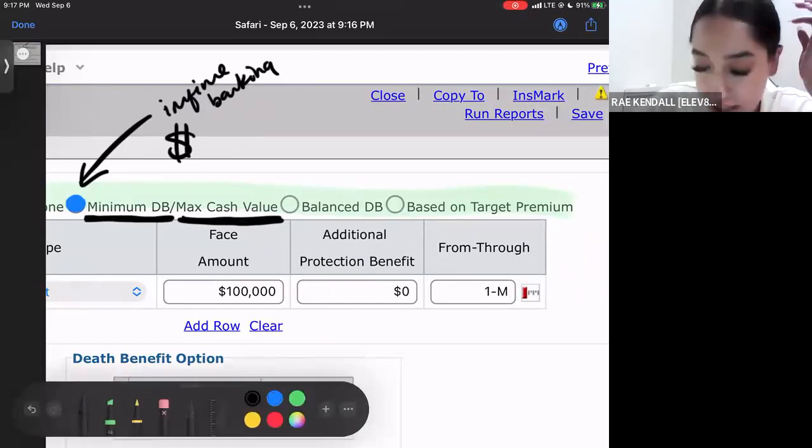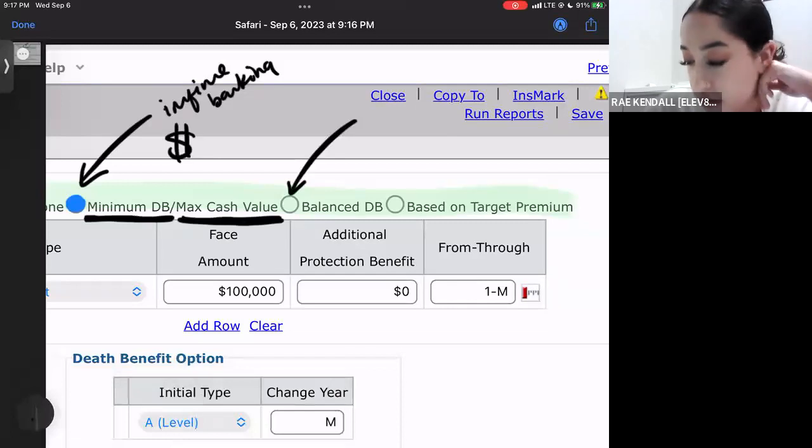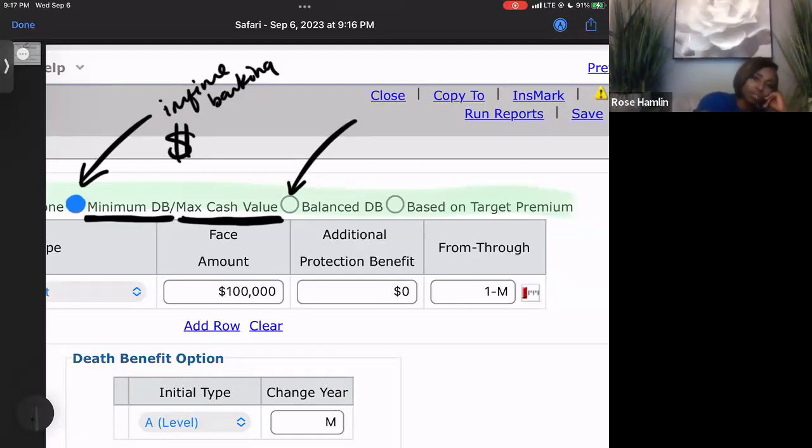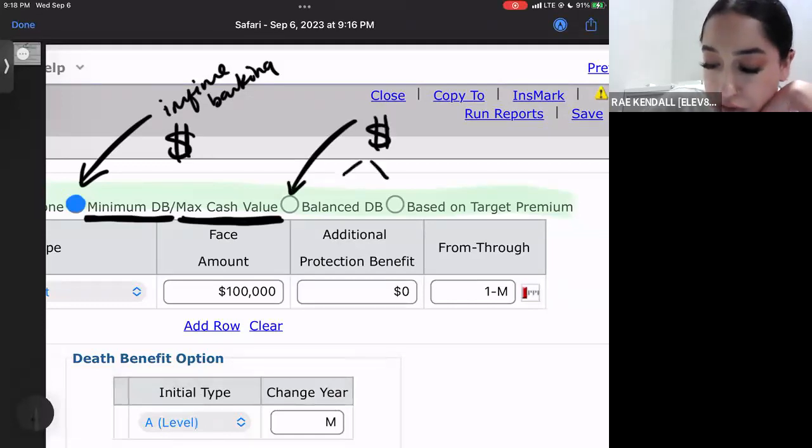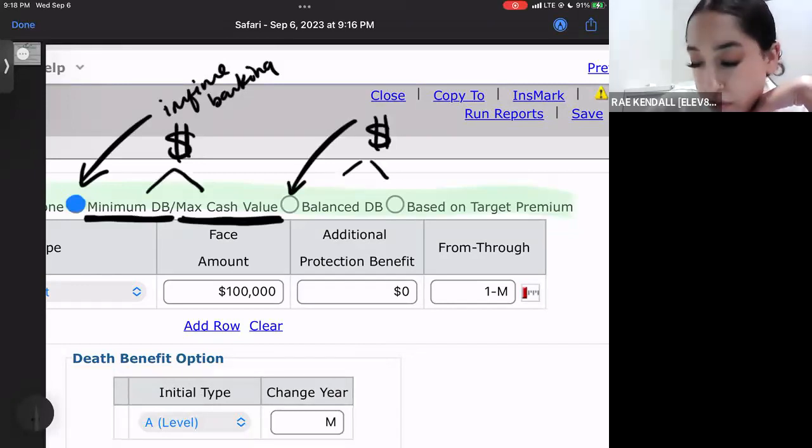Anyone can guess what balance DB means? Death benefit? Yeah, so DB is death benefit. So balanced death benefit, meaning our money is going 50-50. Here is like 25-75. Here's 50-50. Okay.